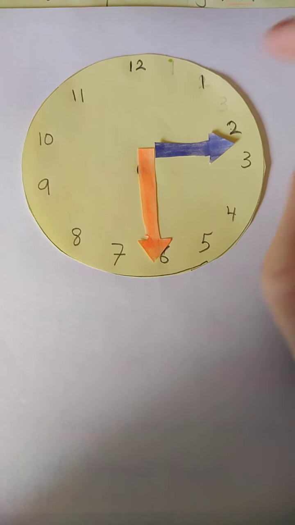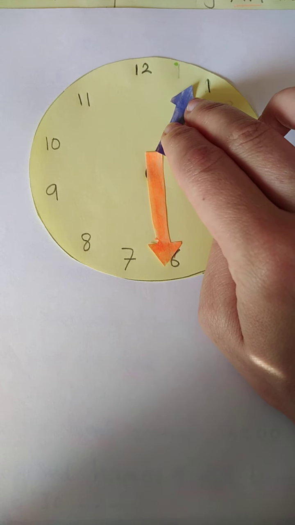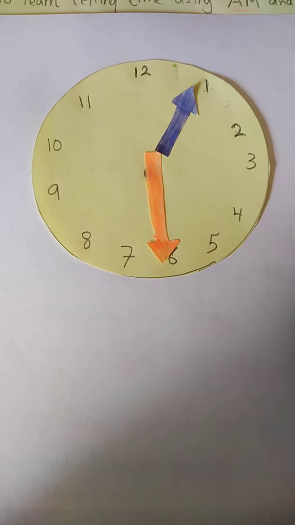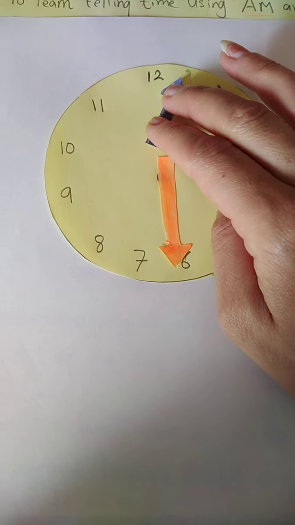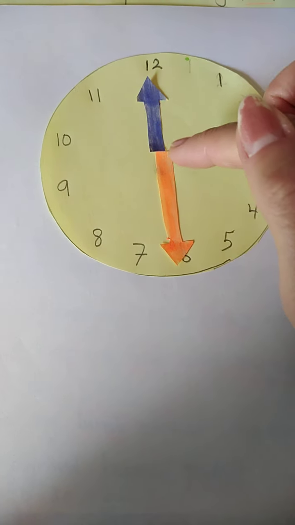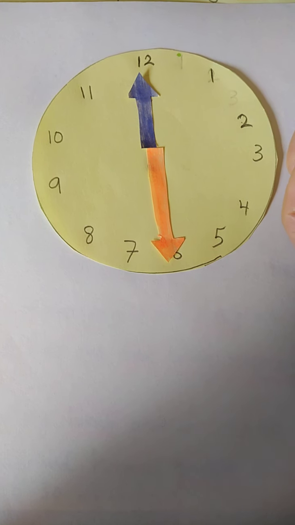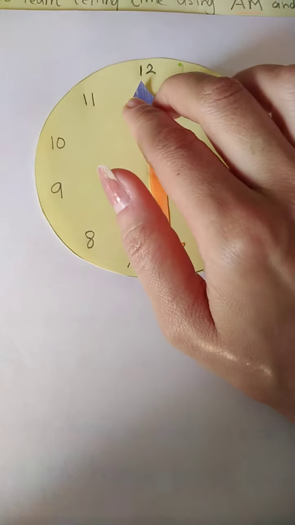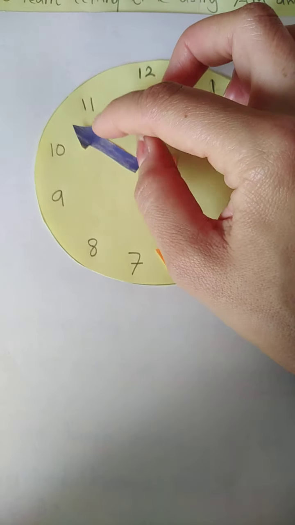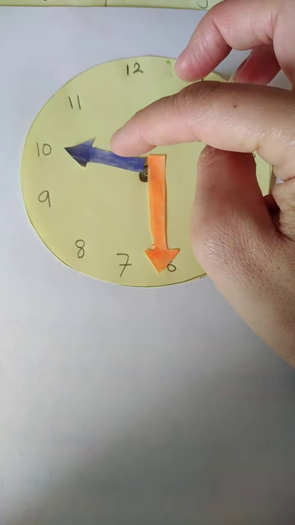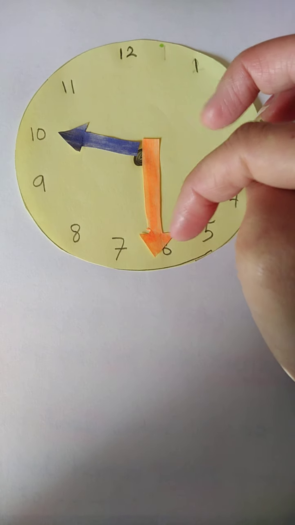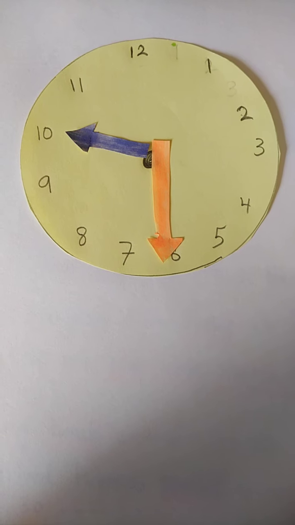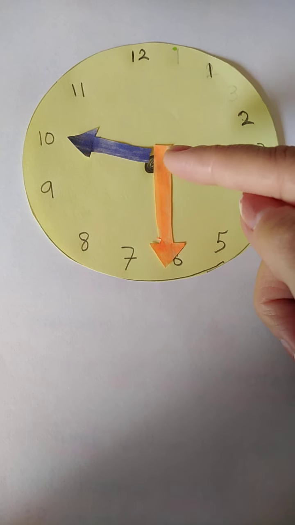Half past 1. Half past 12. Half past 10. The shorter arm is going to be towards 10, and half past. So whenever I want to show half past, the longer arm stays on 6.